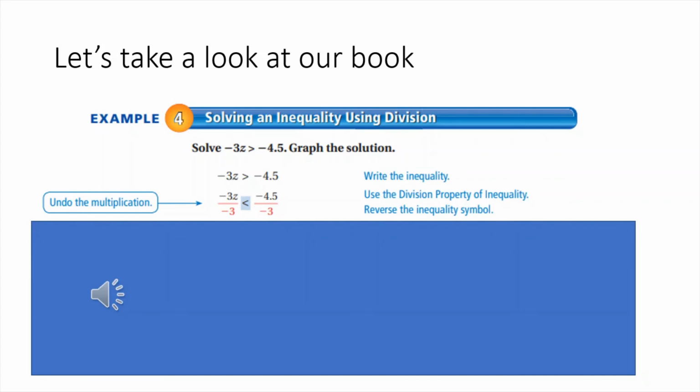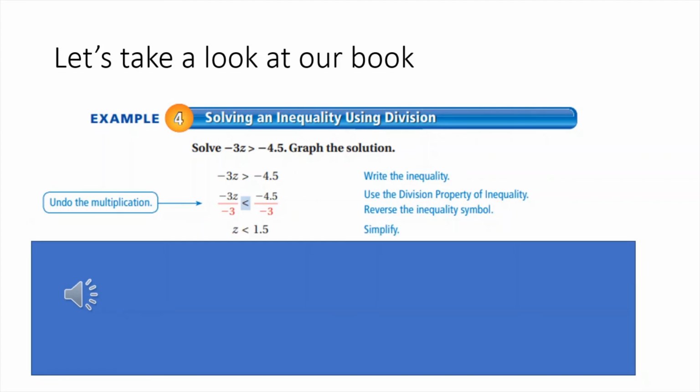So what do you think will happen to the left side whenever we divide by negative 3? If you said the negative 3's cancel each other out and just give you the variable z by itself, you would have been correct. On the right side, we needed to divide negative 4.5 by negative 3, and we got a positive 1.5.